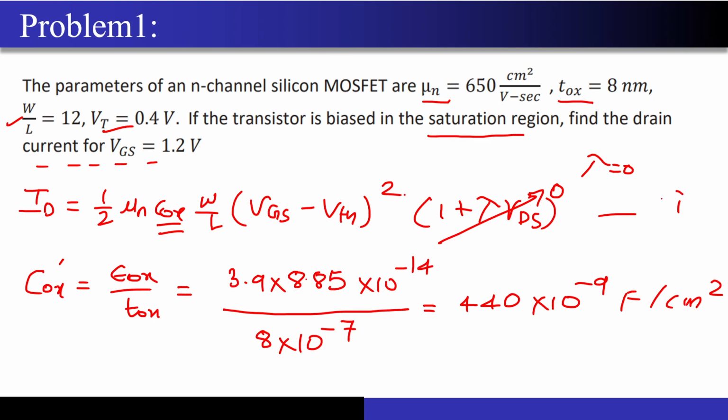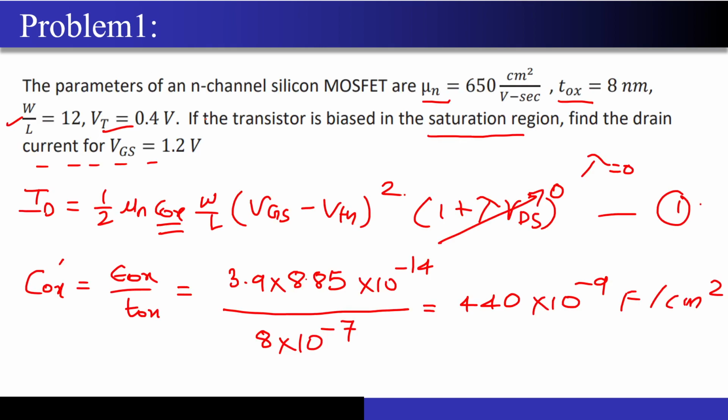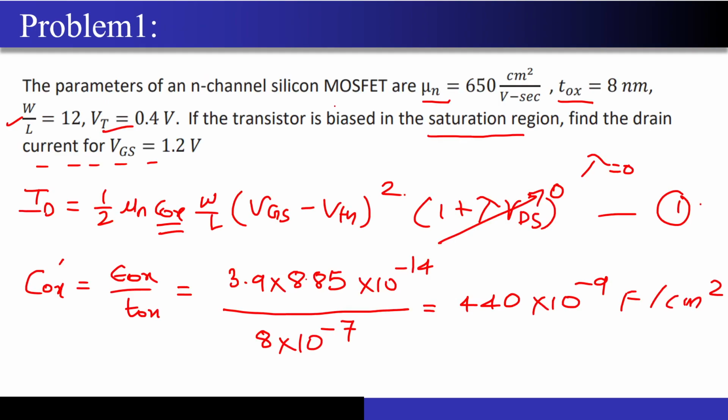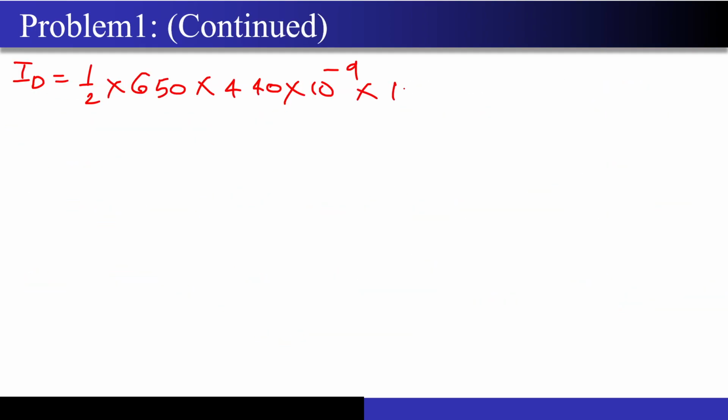Now we are good to go with equation number 1, because we know everything in it. So let's start solving. ID is half into the mobility, which is 650, into Cox, which is 440 into 10 to the power minus 9. The value of W by L is given as 12, into VGS minus VTH.